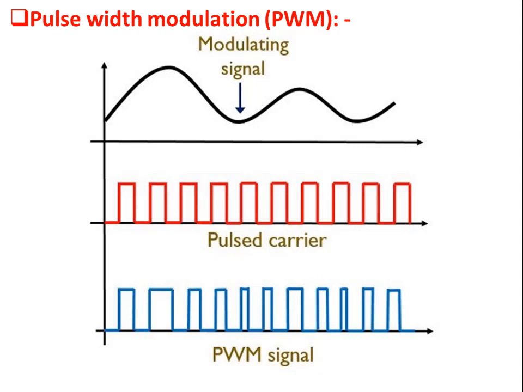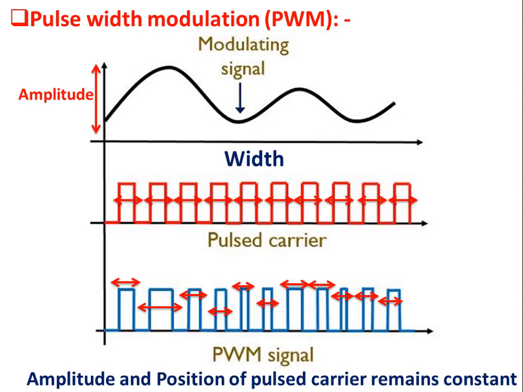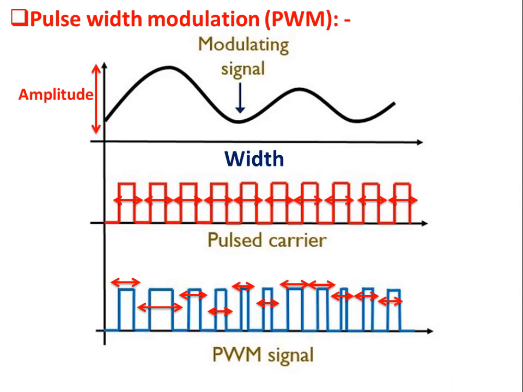Here you can see the width of the carrier signal varies with respect to the amplitude value of the modulating signal. Hence, in this type of modulation, the amplitude and position of the pulse carrier remain constant, so that this type of pulse modulated output is called a PWM modulated signal.